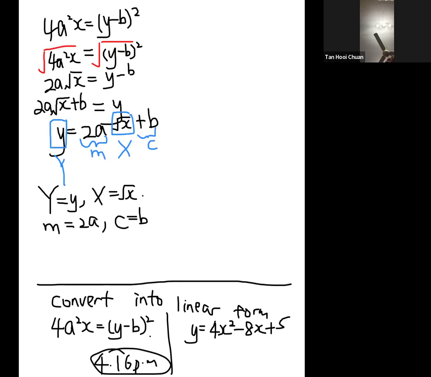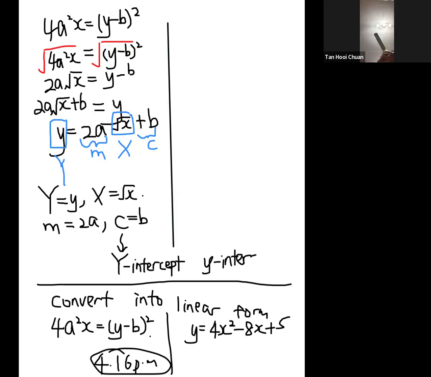Okay. Some teachers, they do not allow you to write down M, they want you to write down gradient, then you follow them. Or they also don't want you to write down C, they want you to write down Y intercept. They want you to write capital Y, not small y. What is the meaning of capital Y? If you put small y, then wrong now.